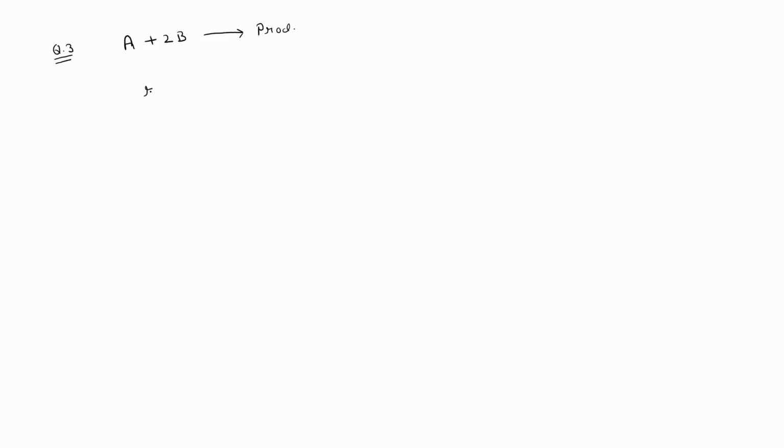So rate is simple. Rate is k, A to the power 0, B to the power 0, because we use zero order reaction. Initial concentration of A is A naught and B is B naught.